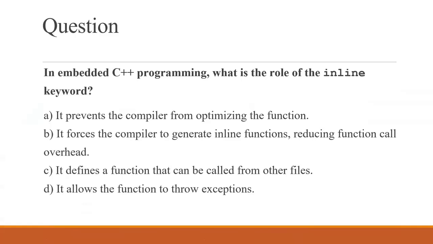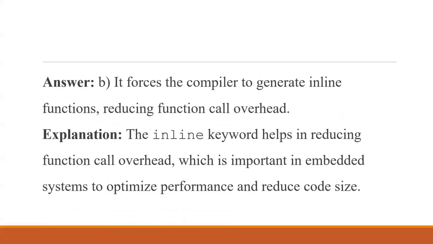The answer is B. It forces the compiler to generate inline functions, reducing function call overhead. So the inline keyword helps in reducing the function call overhead, which is important in embedded systems to optimize performance and reduce code size, since embedded systems always have constraints of memory size.